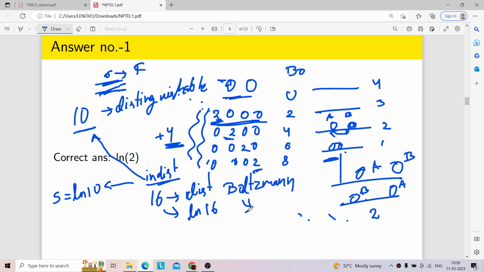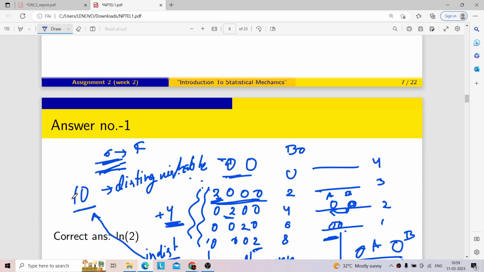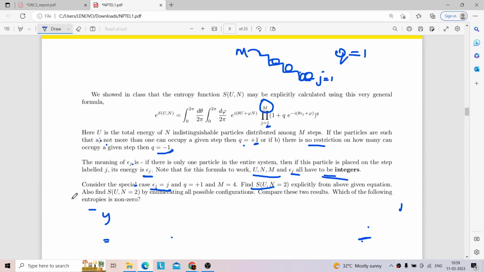This is the Boltzmann formula: entropy is k_B times the logarithm of the total number of microstates. We have used that to calculate the entropy, but there are other formulas also, maybe not for this question.